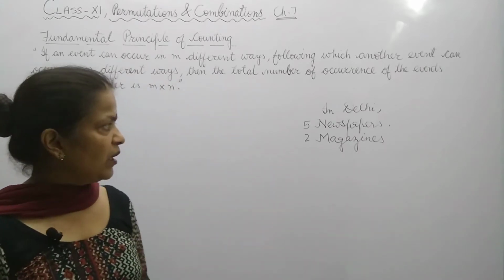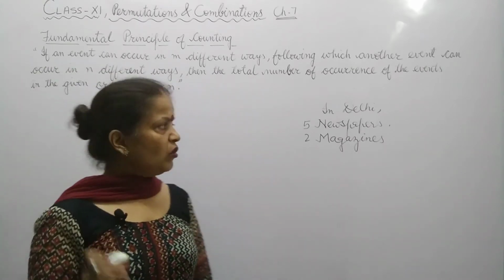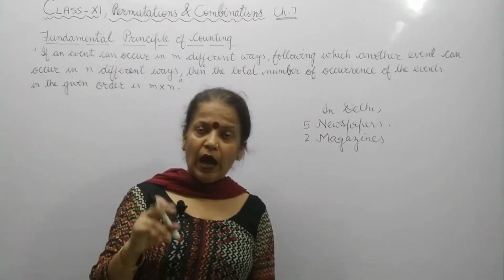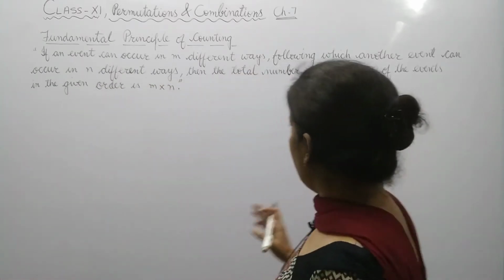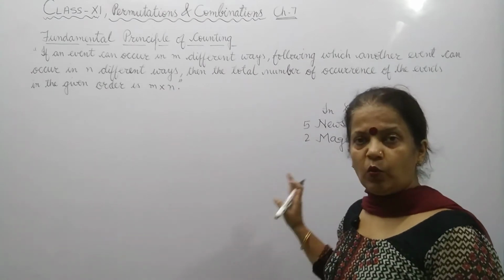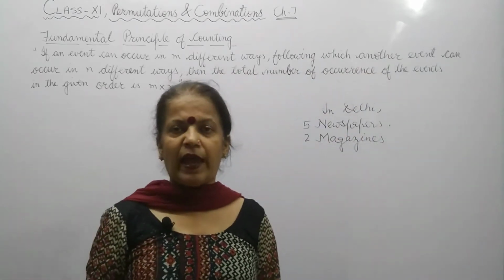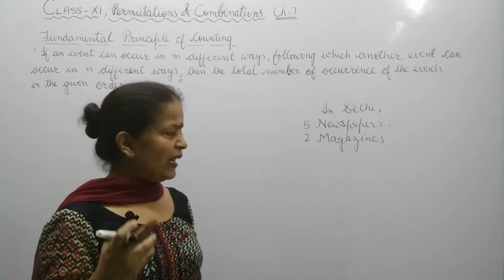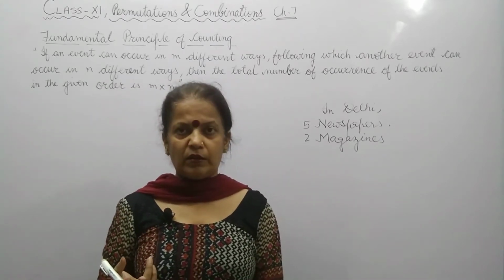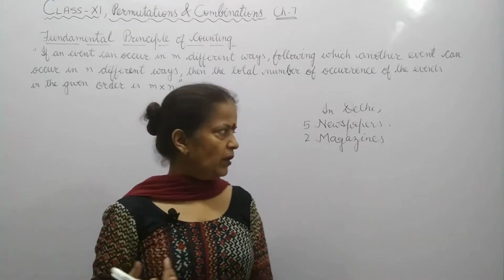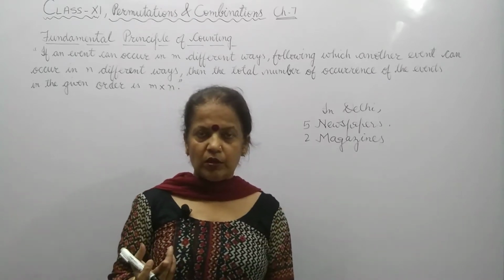Now the question is, in how many ways, or what will be the total number of ways in which a person can choose daily one newspaper and one magazine? How can the person choose?